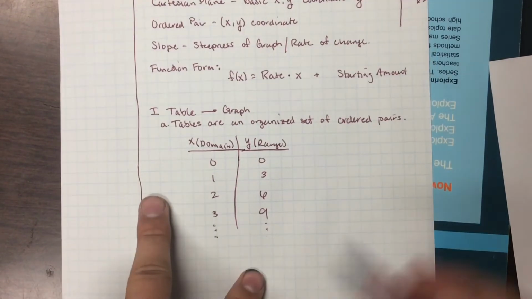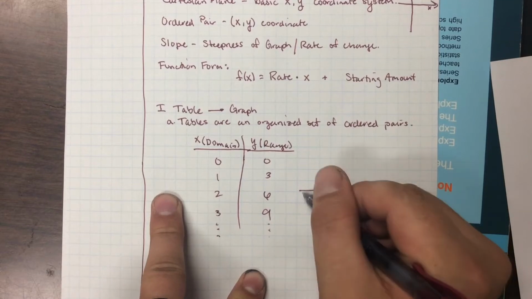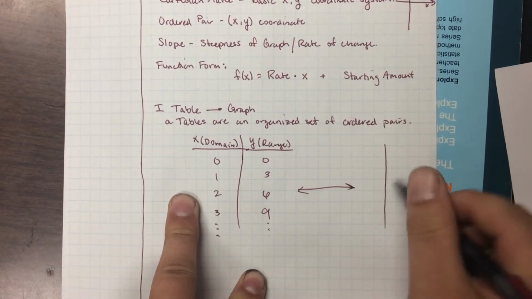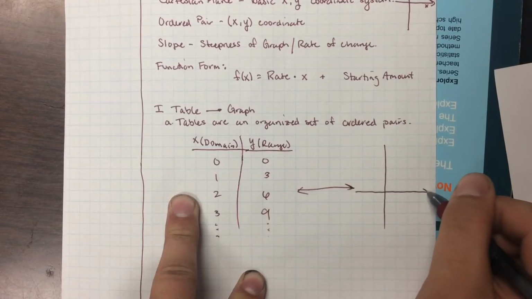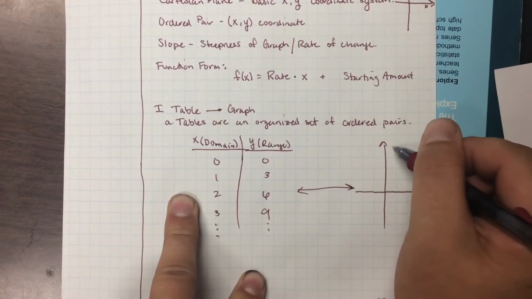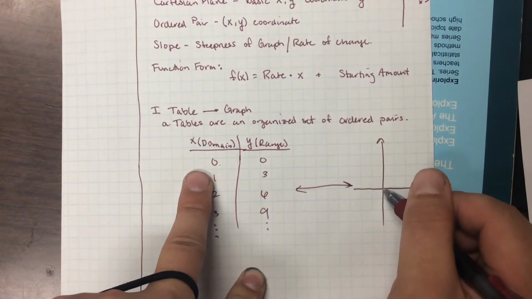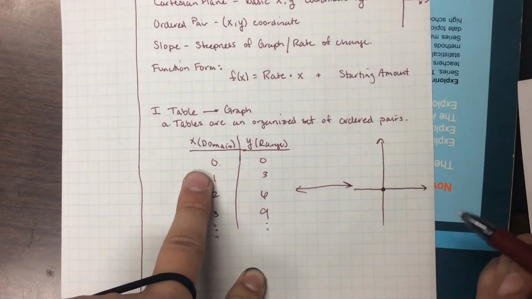this is just a direct stream to the Cartesian plane. I'm going to graph these guys, give myself a little xy. So here, this says go to where x is 0 and y will be 0 also. I'm going to put a point.